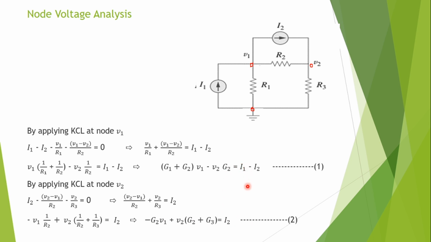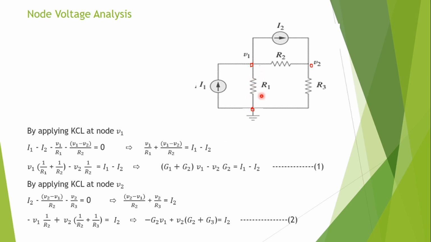Now in these two equations, G1, G2, G3, I1, I2 are all known. The only unknowns are V1 and V2, the node voltages you have assumed. So two equations, two unknowns, solve using Cramer's rule, and you will get V1 and V2.